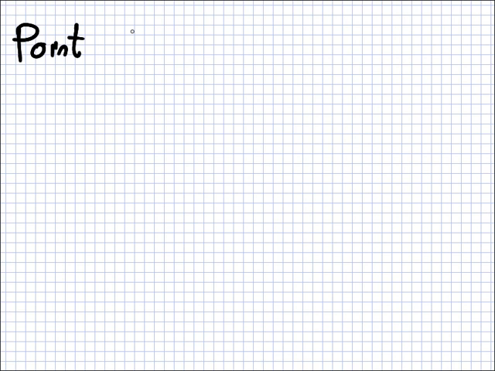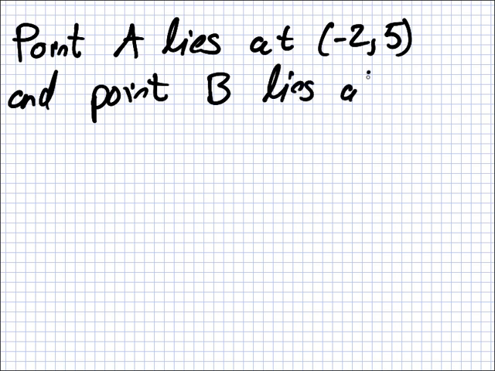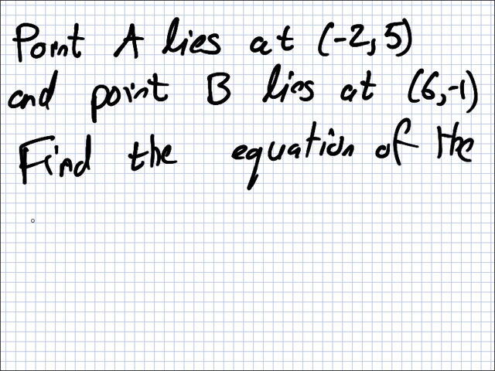Point A lies at (-2, 5), and point B lies at (6, -1). Find the equation of the line AB.